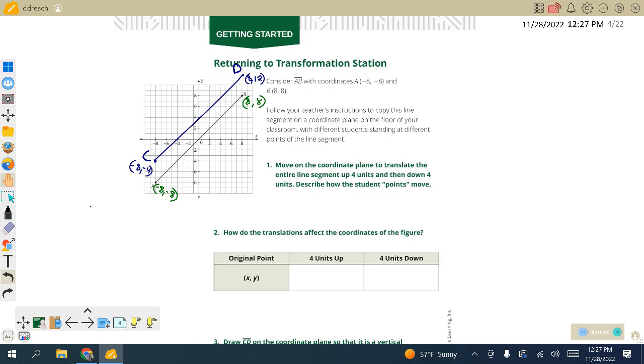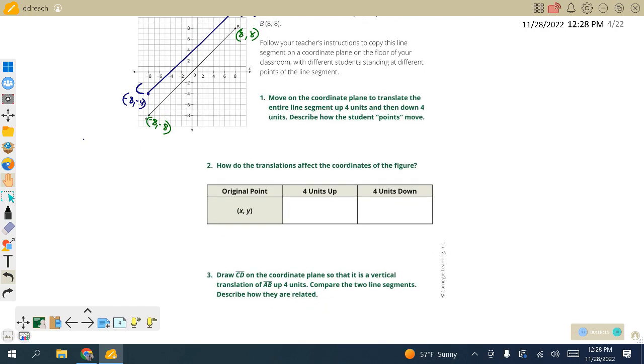Stay the same. What happened to the Y value? Duh, it went up 4, right? So it makes sense it's going to increase by 4. So we're going to say then X stays the same and Y goes up 4 units because it says go up 4 units.